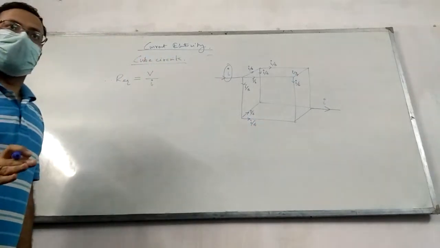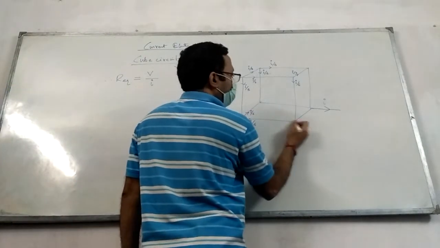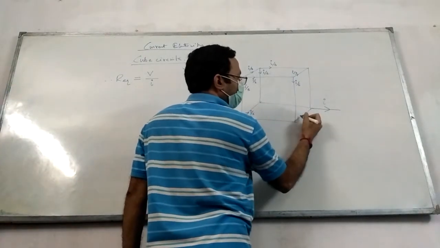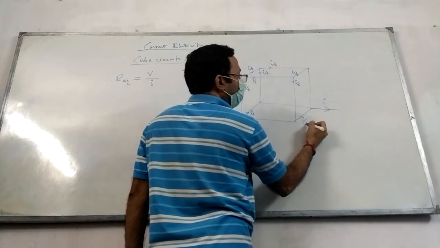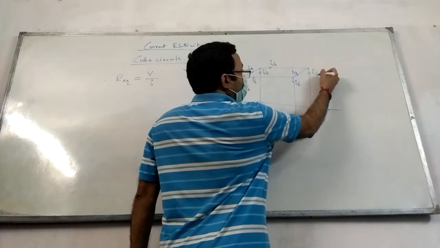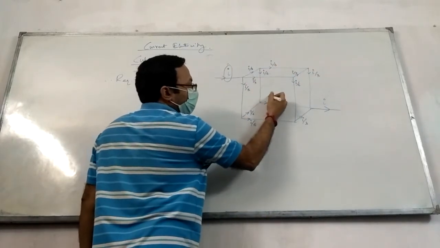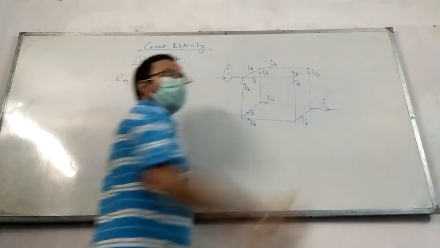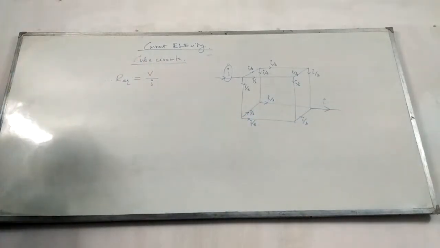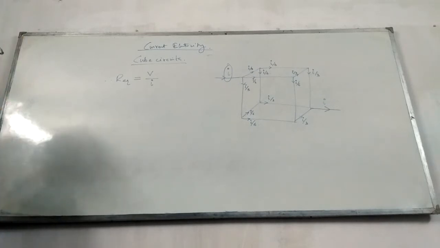But when these I by 6 currents come over here, they add up, and finally they come out as I. Now we will take any one path and calculate the equivalent value of resistance.